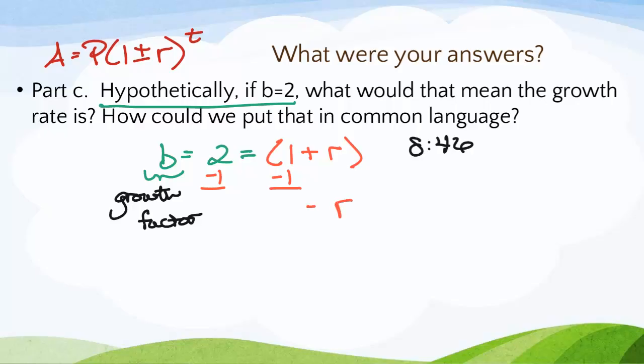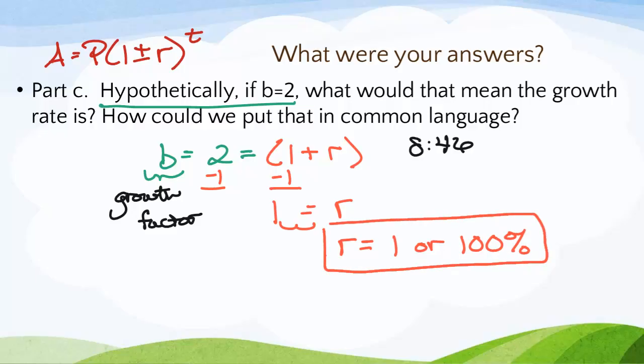So the rate is equal to 1. What does that mean? What is that as a percent? Is that 1%? It's 100%. Yes, you need to move the decimal point 2 places to the right. So the rate is equal to 1 or 100%.